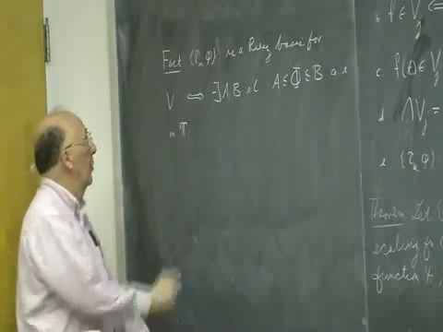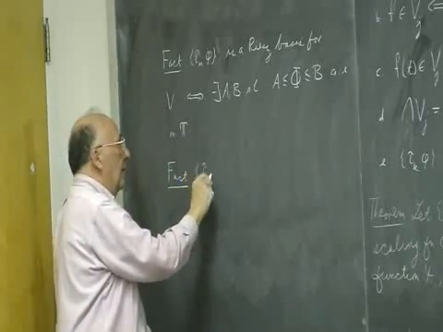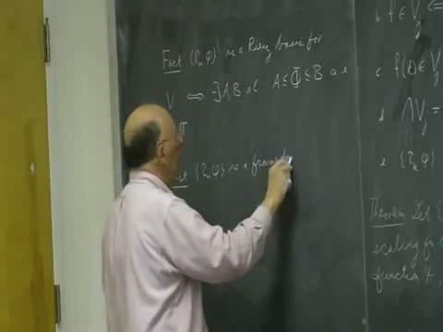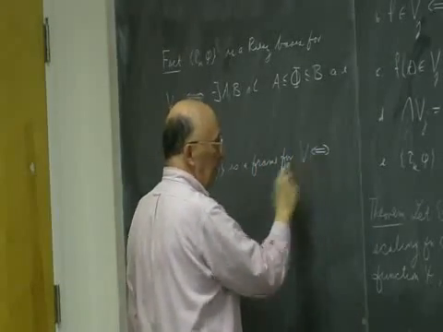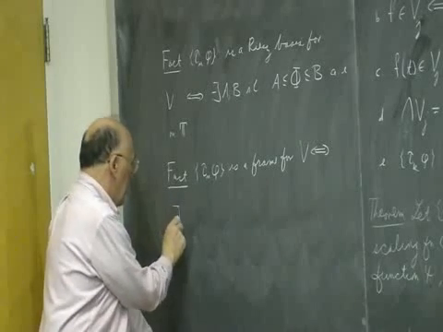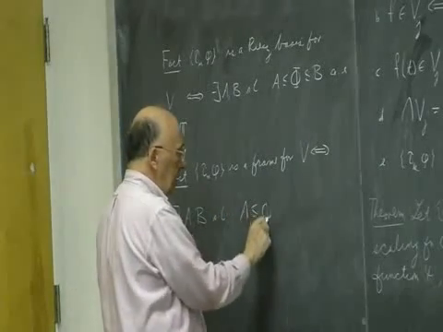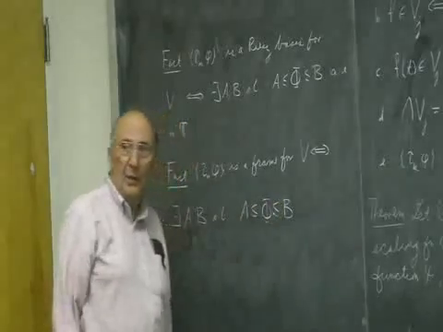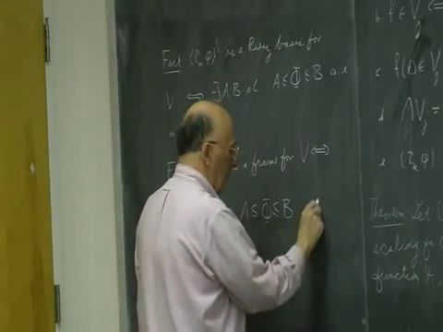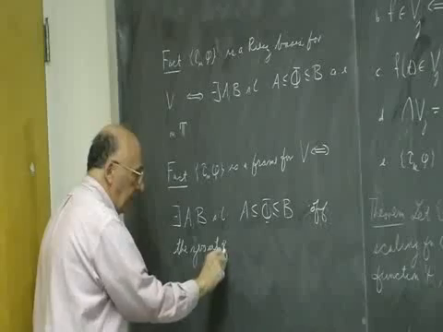A little more difficult to prove is the following fact. Tau n phi is a frame for V if and only if, and here's the interesting thing, there exist an A and a B such that A is less than or equal to big Phi less than or equal to B, gee, it looks the same so far, off the zero set of big Phi.